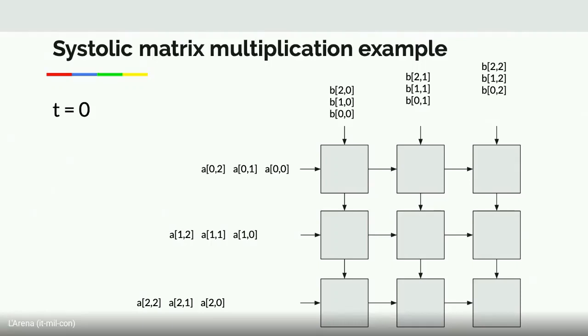You see that there are numbers on top and numbers on the left. And you remember when I said they come from different directions? The reason is that different units get different data at different times from different directions. So at time 0, there is nothing happening. You prepare the data, okay?